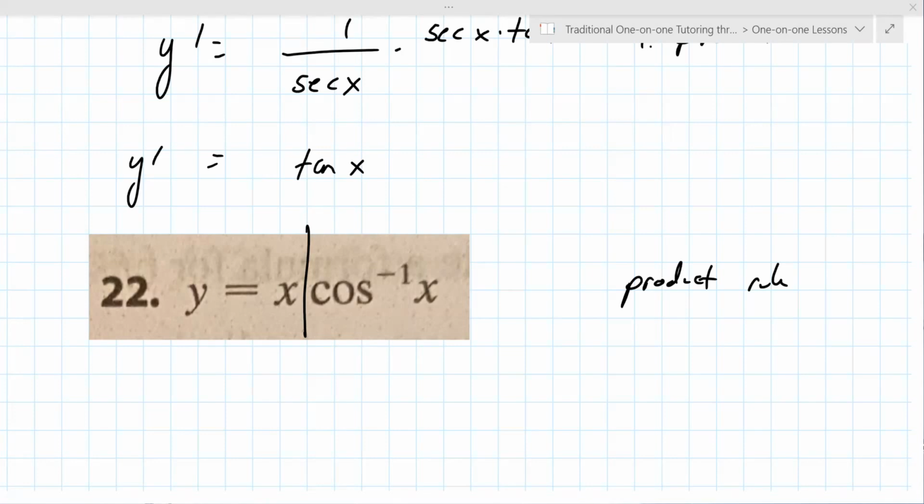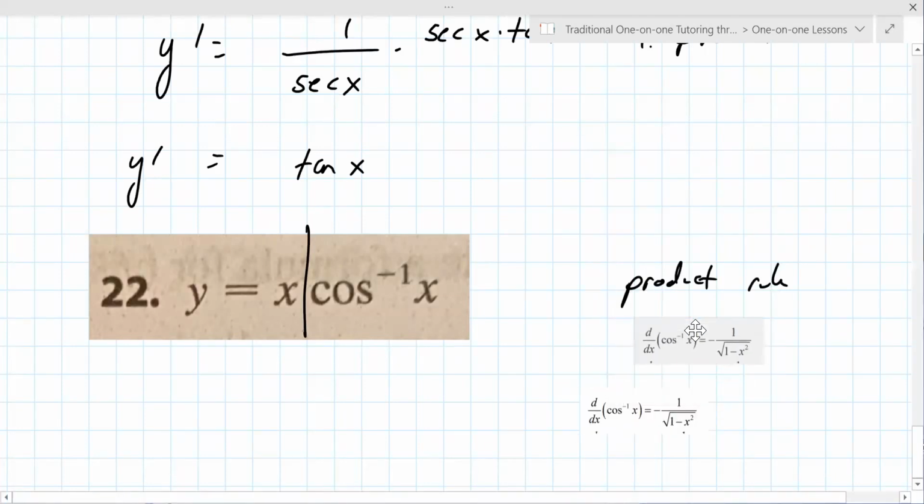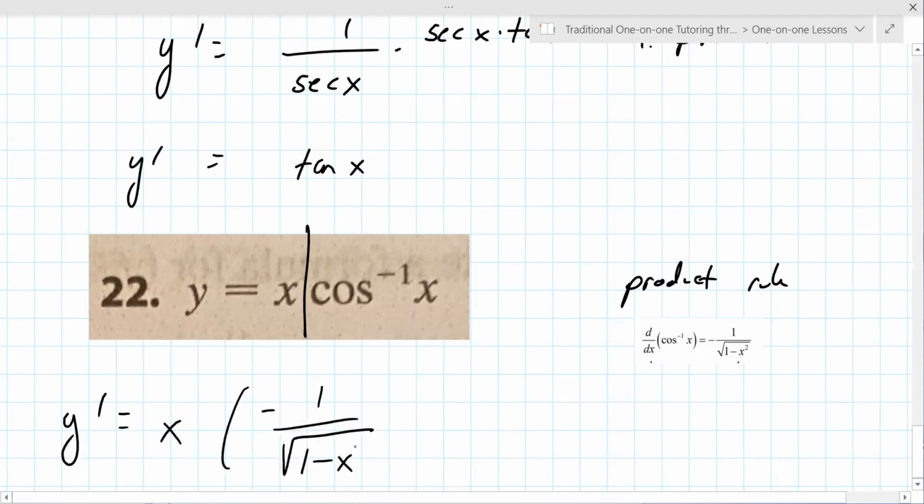So I'm going to snip in the rule here for cosine inverse. It's like sine inverse, just the negative of it, -1 on top. So it's totally doable: you only have to learn sine, and then cosine's the negative of it. So y prime here is x times -1 over square root 1 minus x squared.